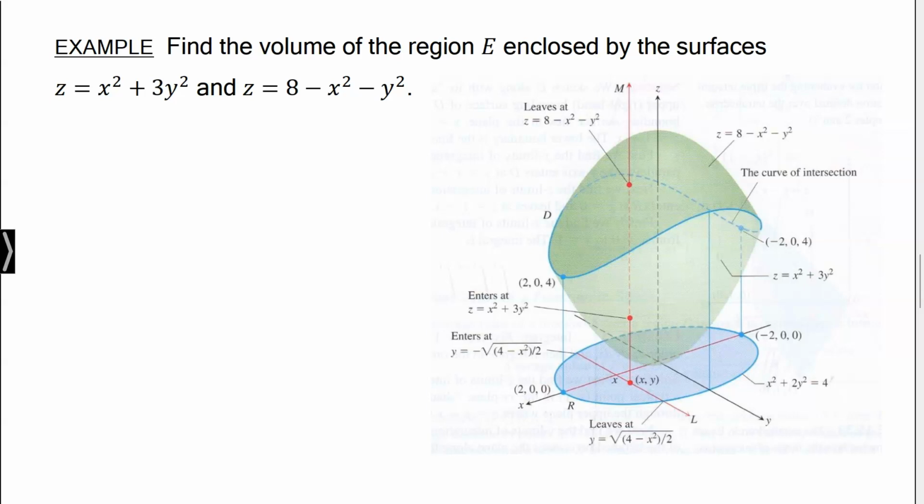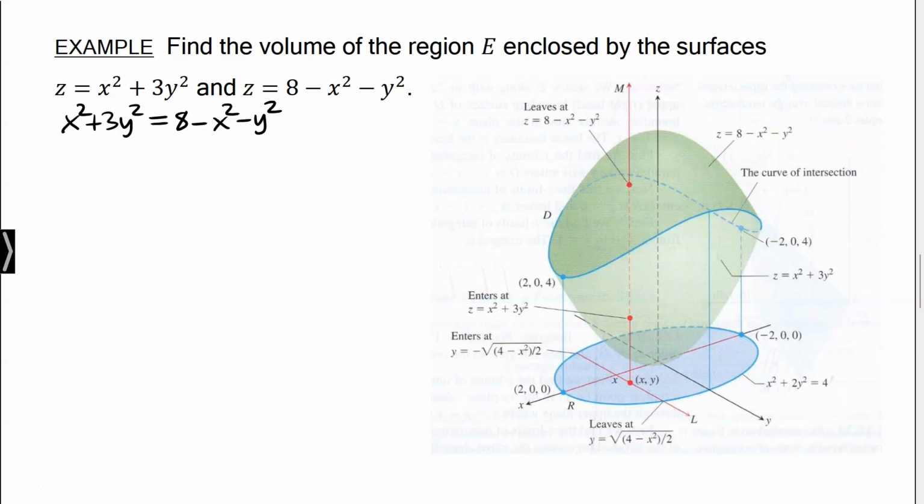If we were solving this like a system of two equations to figure out what the intersection is, then z, which is x squared plus 3y squared, would have to be equal to 8 minus x squared minus y squared. So let's set those equal to each other.